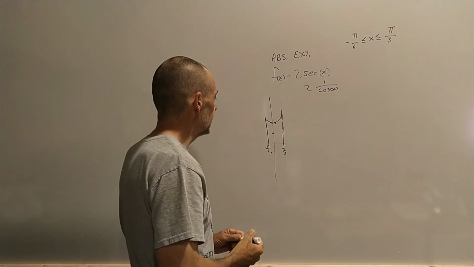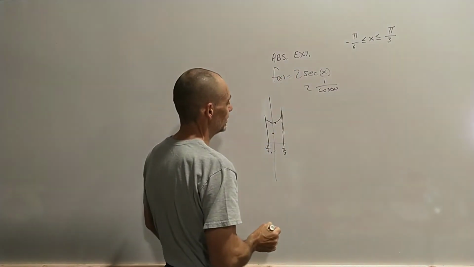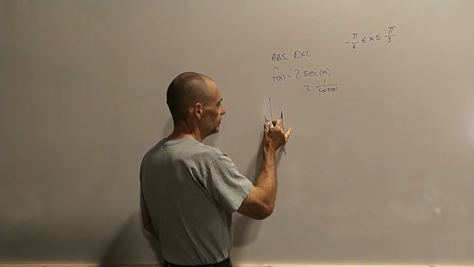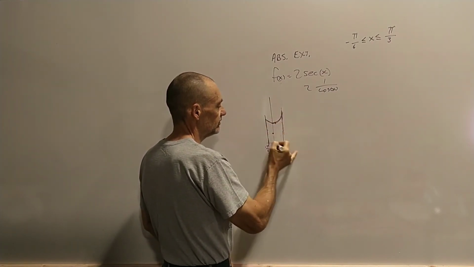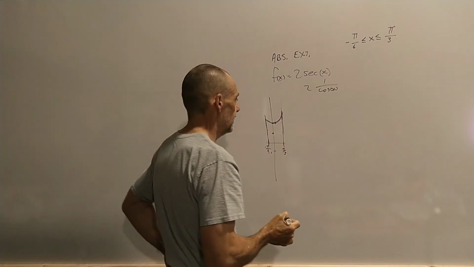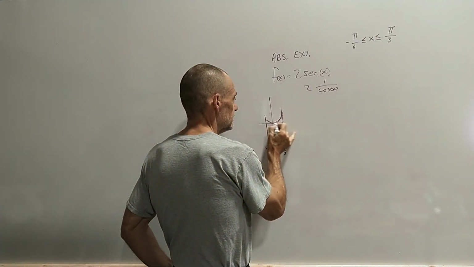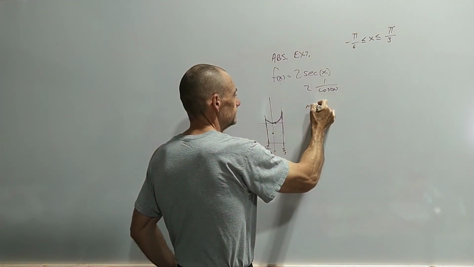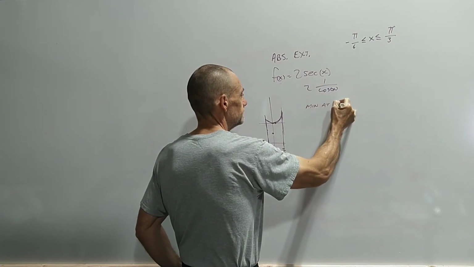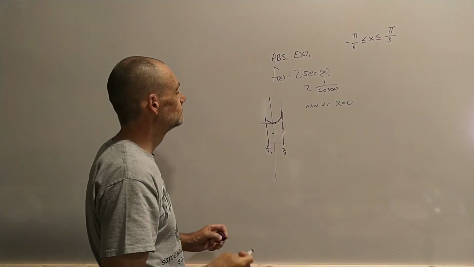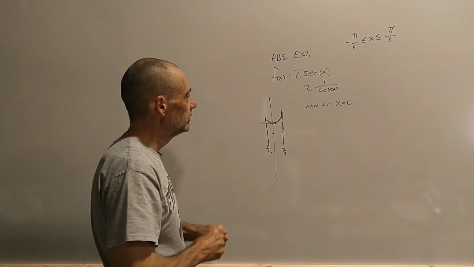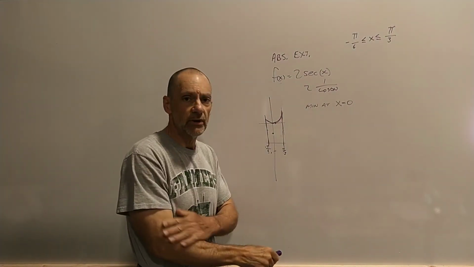This is actually what we've got. So we're looking for absolute extrema, and with this picture, it's pretty obvious that there's an absolute extremum at 0, and it's a minimum. So that's a quick, easy way to do this with graphing.